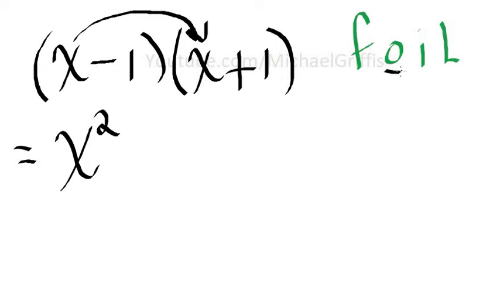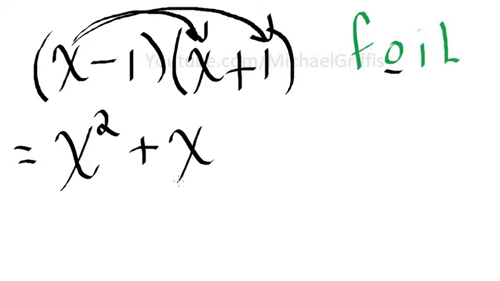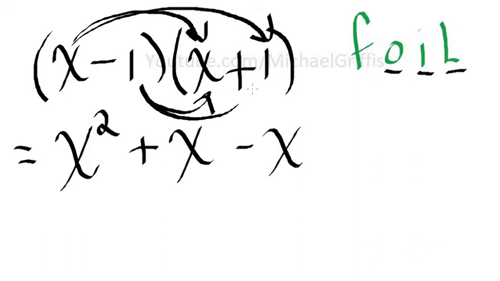Outer terms, x times 1 is x. Inner terms, now this is a minus 1 here, times x, that's going to make that a minus x. And then last terms, so we have minus 1 times a positive 1 gives us negative 1.